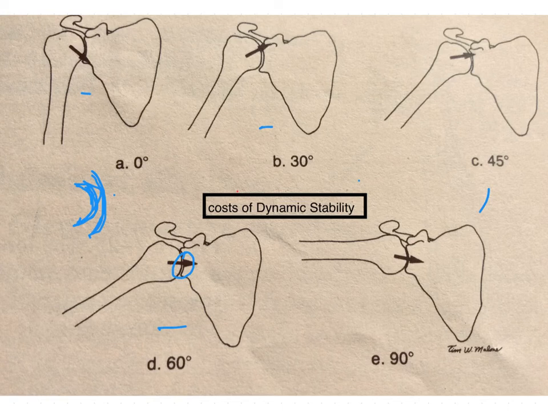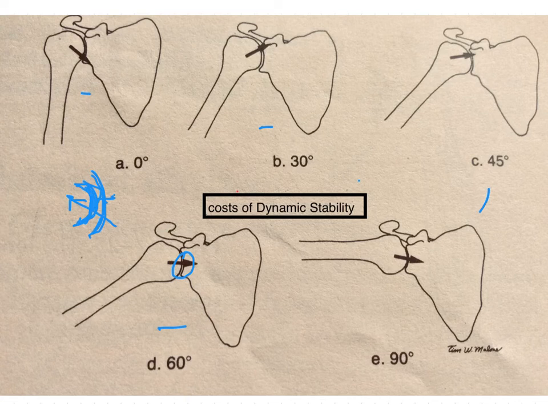More importantly, all compressive forces that snug the head into the glenoid fossa must be opposed by an equal force from the glenoid fossa in the opposite direction.